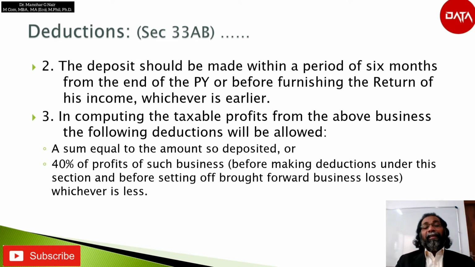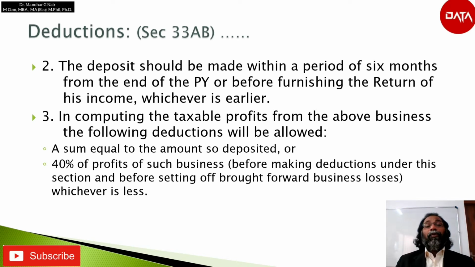In computing the taxable profit from the above business, the following deductions will be allowed. That is, a sum equal to the amount so deposited or 40% of the profit of such business before making any deductions under these sections and before setting off brought forward business losses, whichever is lower, shall be allowed.